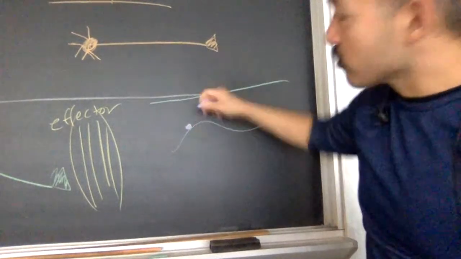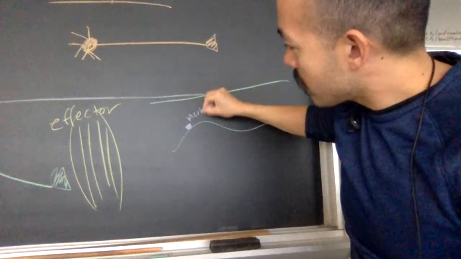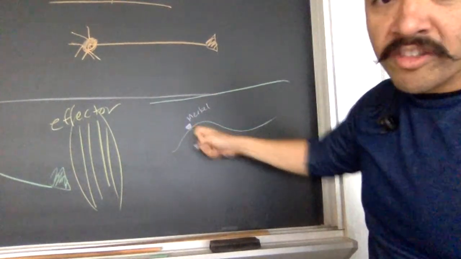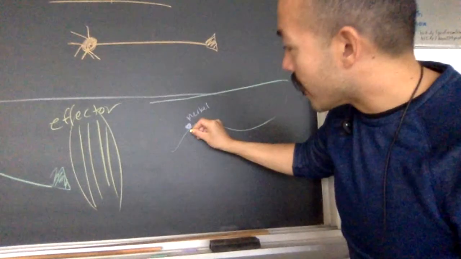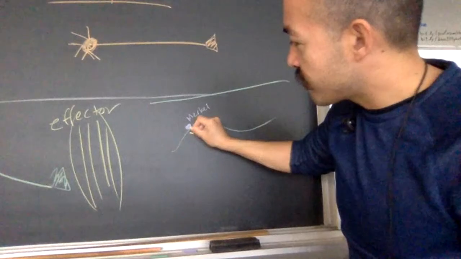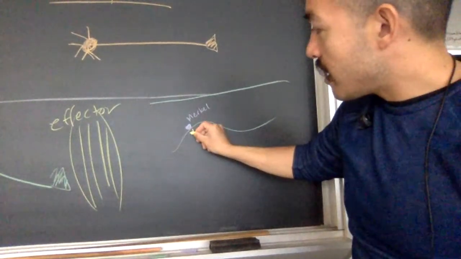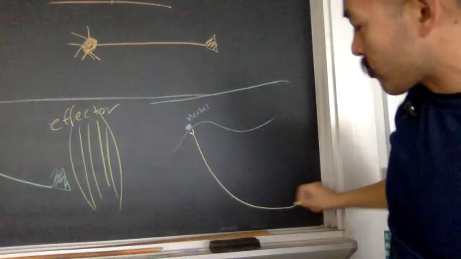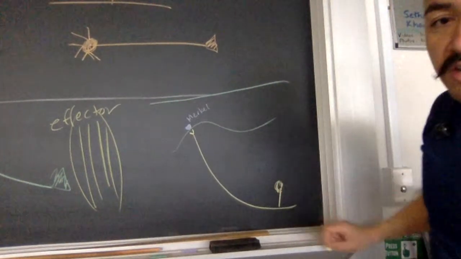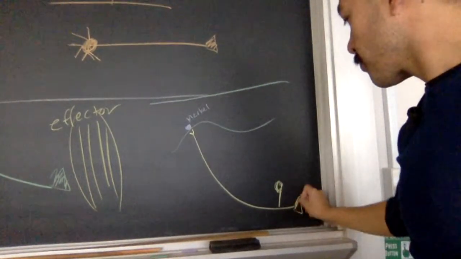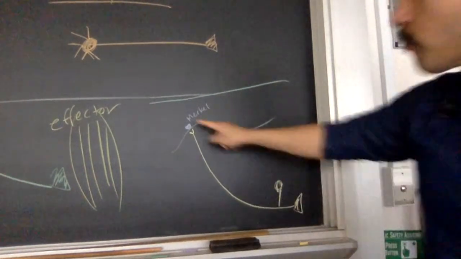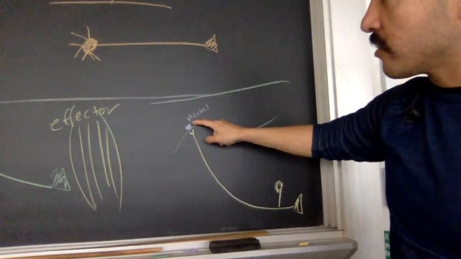And so here you have a Merkel cell. A Merkel cell is its own cell. It communicates with a sensory neuron that's found just deep. And that sensory neuron goes somewhere else. It's a pseudounipolar neuron.